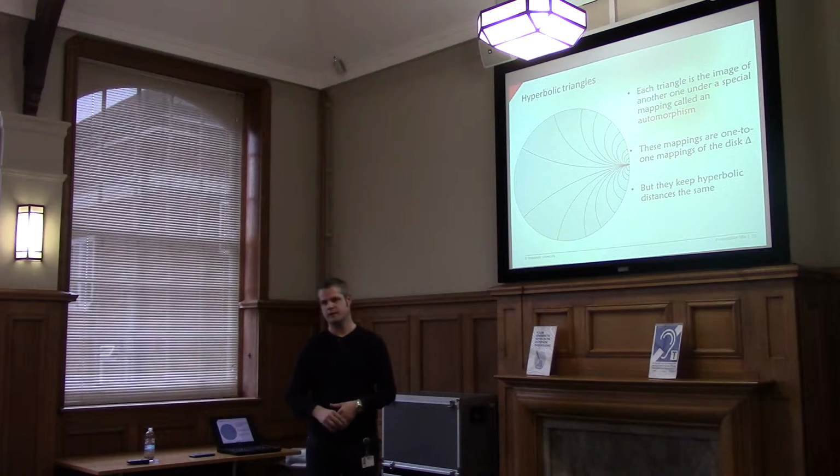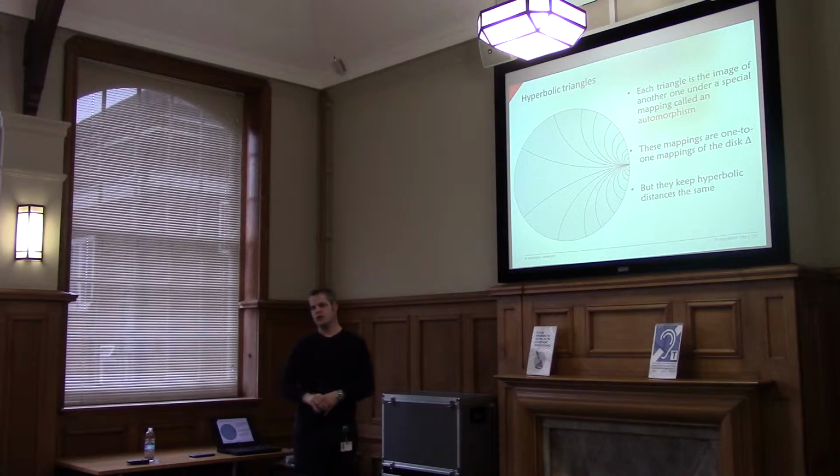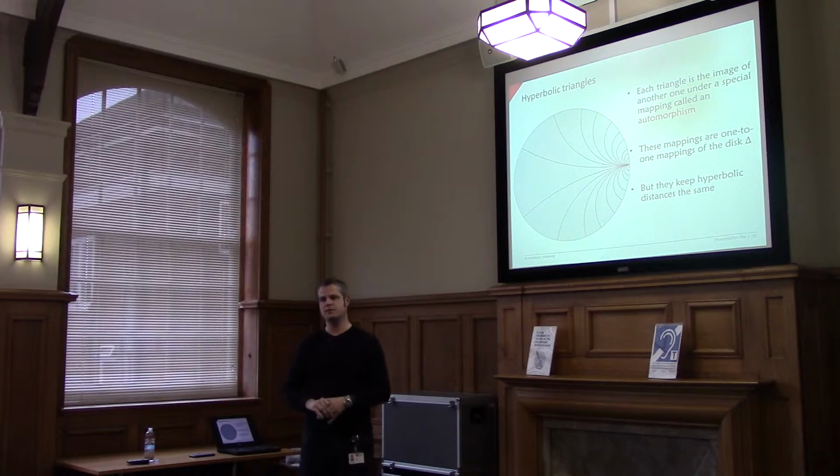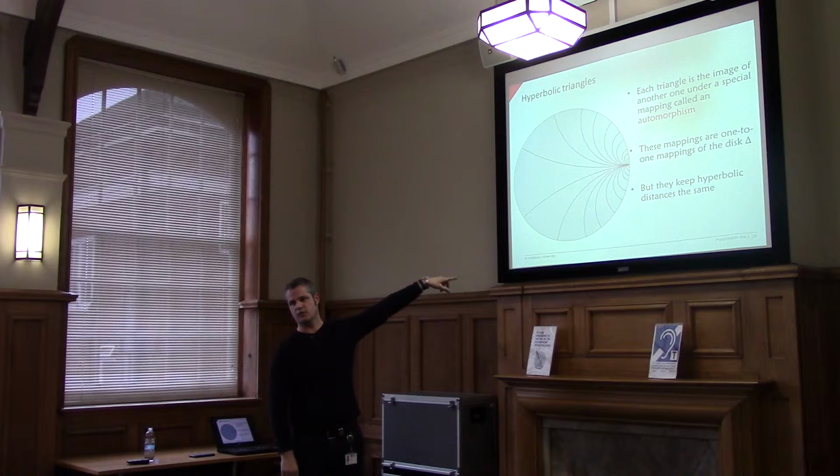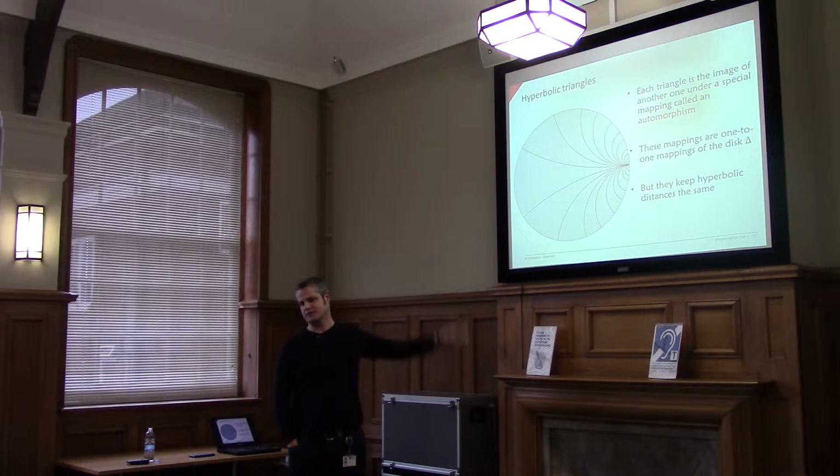How do you define distances actually? Well, there's a formula, but the geodesics will be circles orthogonal to the unit circle, or radii. The distance on the radius from 0 to the point z will be the logarithm of (1 plus mod z) over (1 minus mod z).